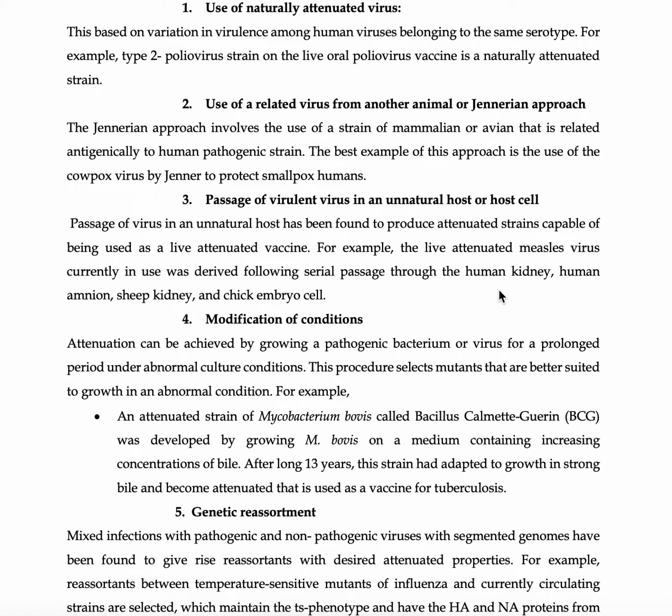The human kidney is not a natural infection tissue of the measles virus; measles virus doesn't infect human kidney cells. So by culturing and passaging the virulent virus in its unnatural host cell, we may make it attenuated. And actually the measles virus currently in use was attenuated in this way.